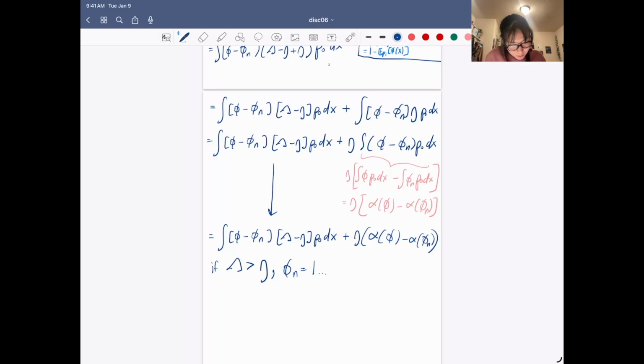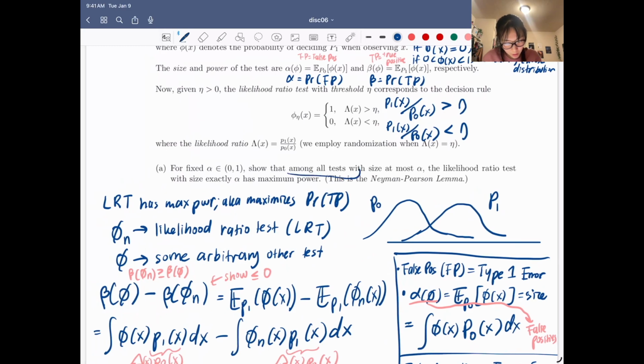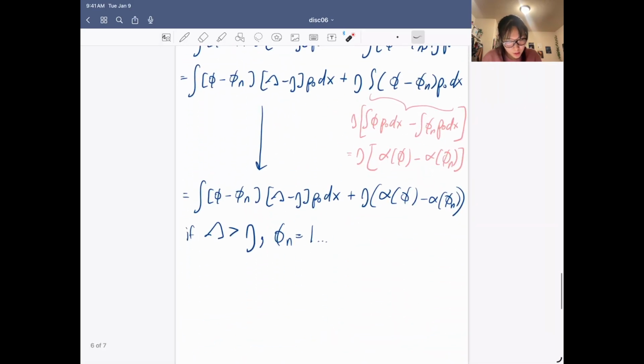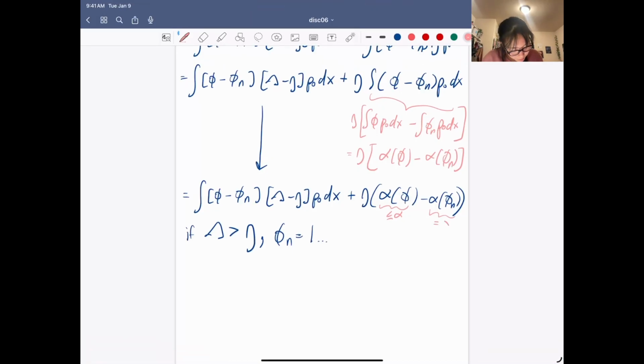And we're also told earlier in the question that all tests have size at most alpha, and the likelihood ratio test has size exactly alpha. And so we know that this value must be less than or equal to alpha, and this thing must be exactly equal to alpha.